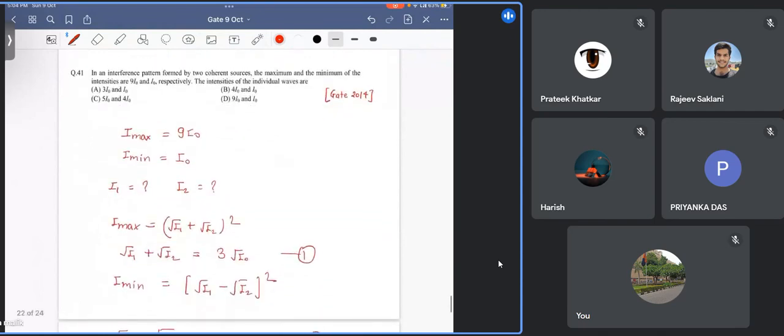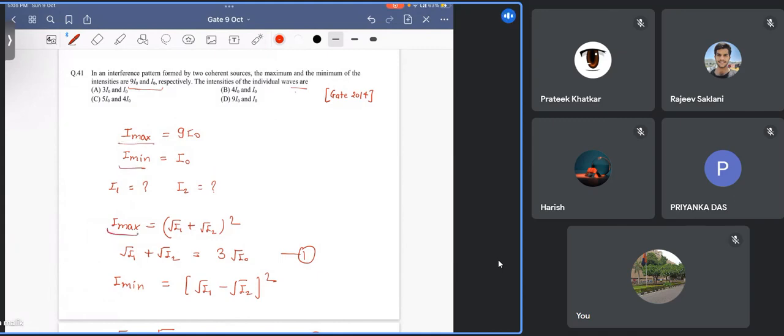Next question: in an interference pattern formed by two coherent sources, the maximum and minimum intensities are 9 I naught and I naught respectively. The intensities of the individual waves are to be found. So we have to calculate I1 and I2. We are given I max and I min.